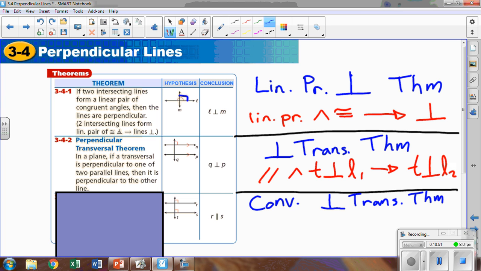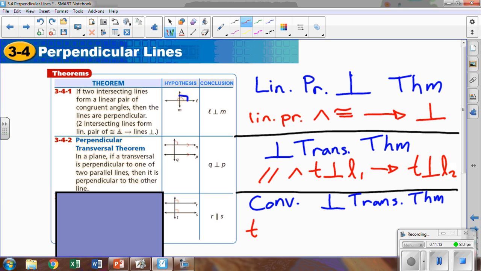Ultimately, the perpendicular transversal theorem, the one in the middle, started by saying if it's going to cross one of them at 90, then it's going to cross the other one at 90 also. The converse simply works backward.